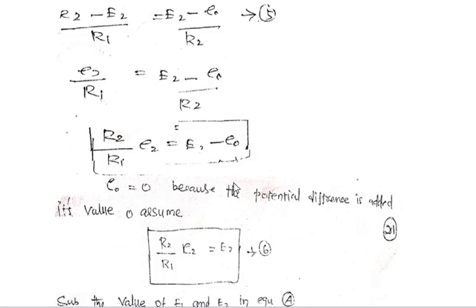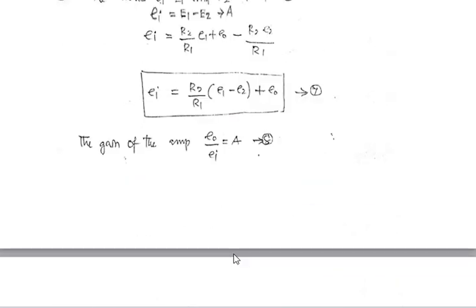We know that the output voltage E output is equal to 0 because the potential difference is zero, so let us assume E output is equal to 0. So this equation is modified into R2 by R1 times e2 is equal to capital E2.